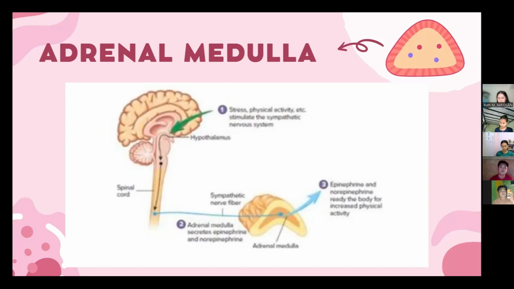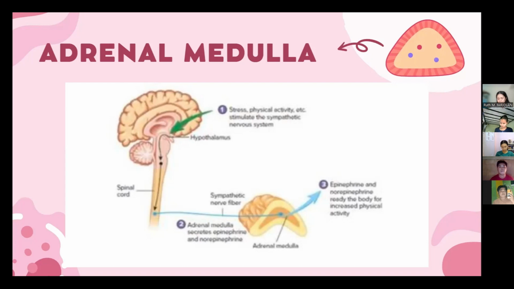An increased frequency of action potentials conducted through the sympathetic division of the autonomic nervous system stimulates the adrenal medulla to secrete epinephrine and some norepinephrine into the circulatory system. These hormones bind to membrane-bound receptors in their target tissues where they prepare the body for intense physical activity.